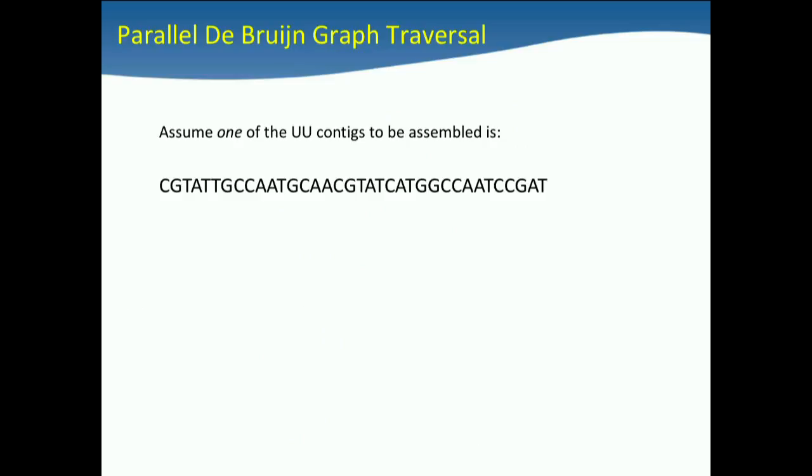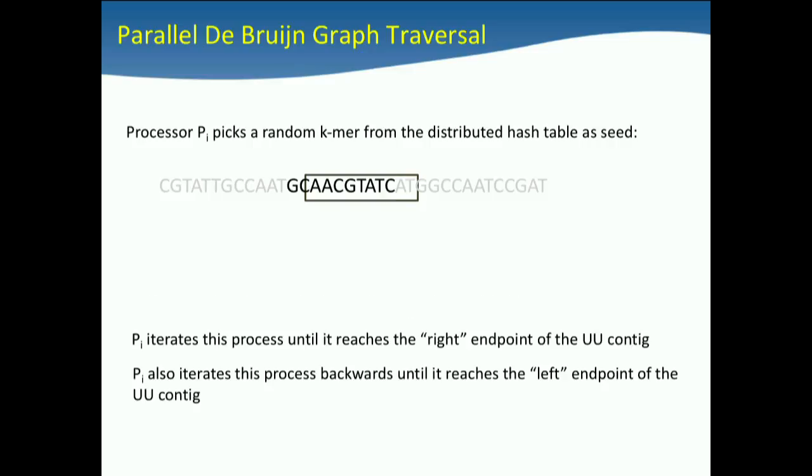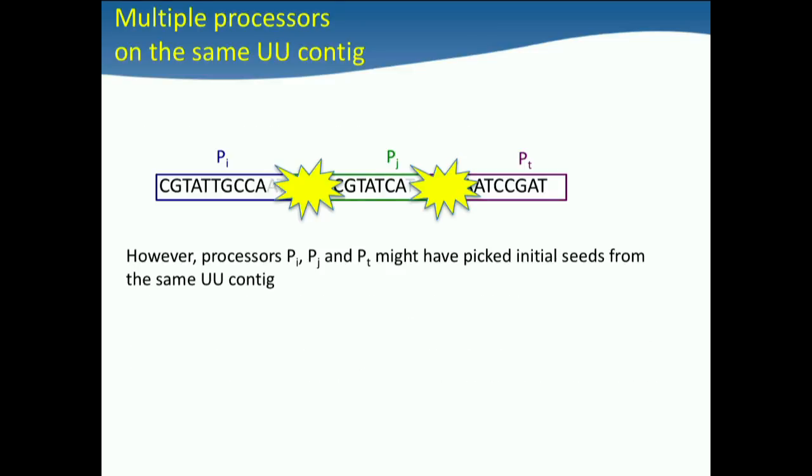So this looks easy, except that what do you do if processor I picks a random k-mer from a contig, but then some other processor also picks it up from the same contig, right? So processors J, I, and T all pick k-mers from the same contig, and this happens for long contigs.